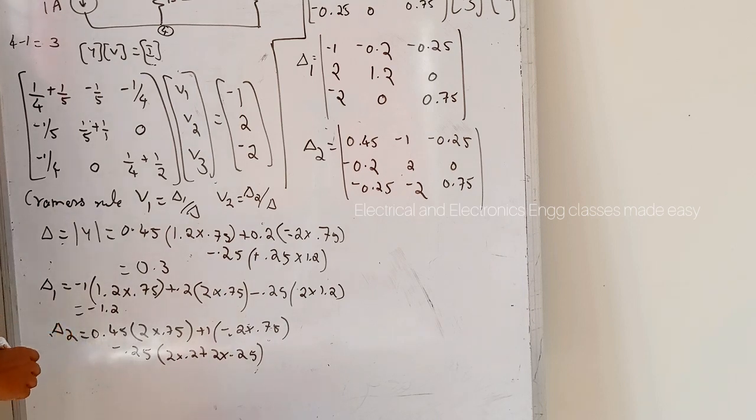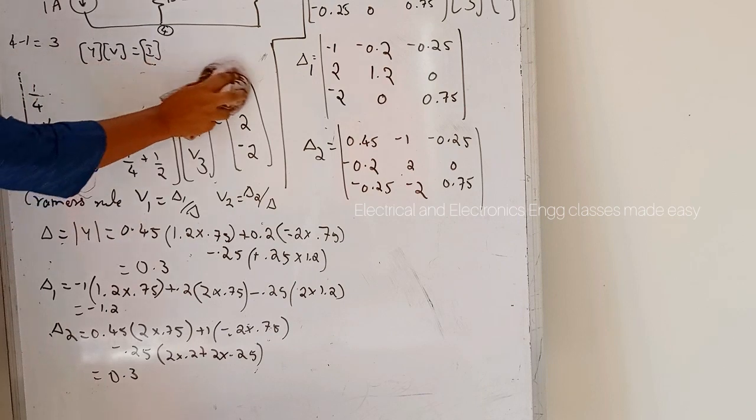So after computing, delta 2 is equal to 0.3. Now we can find the values of V1 and V2.